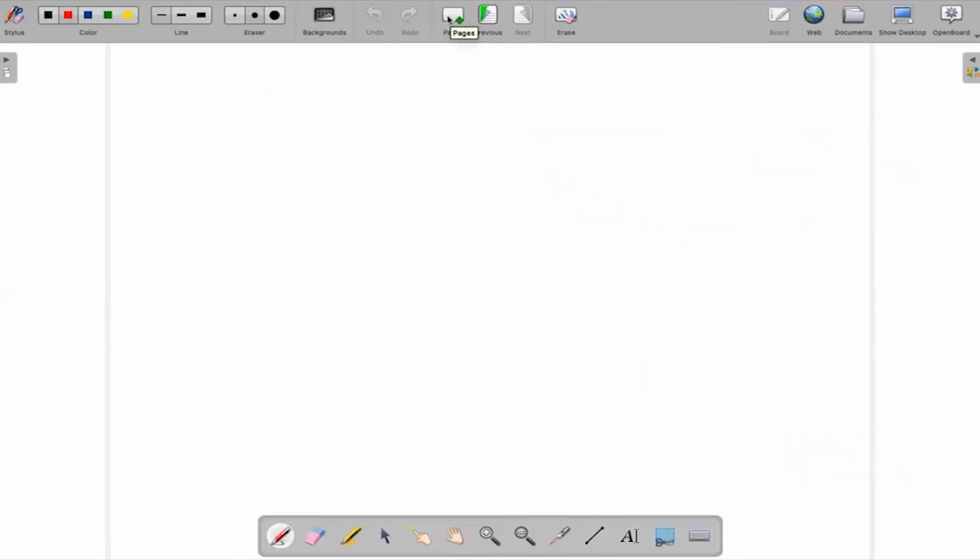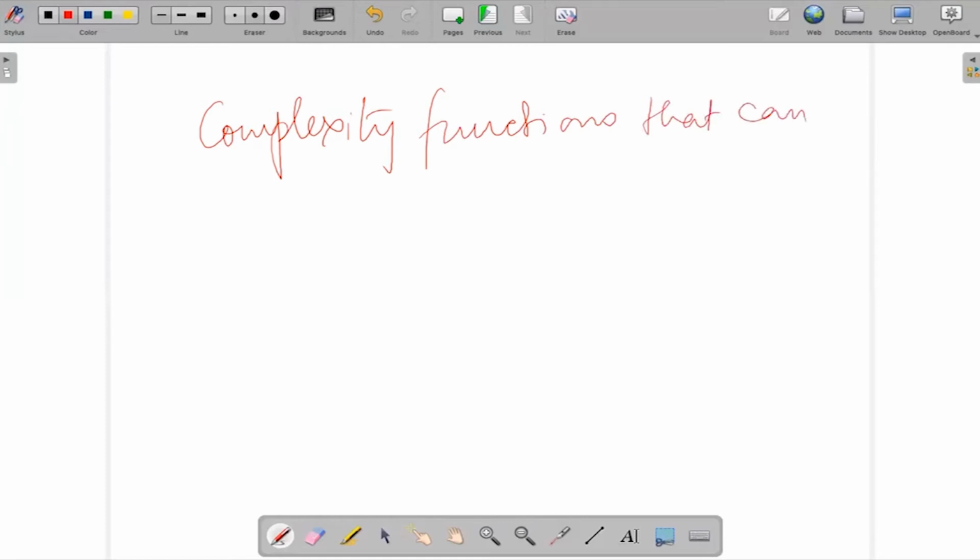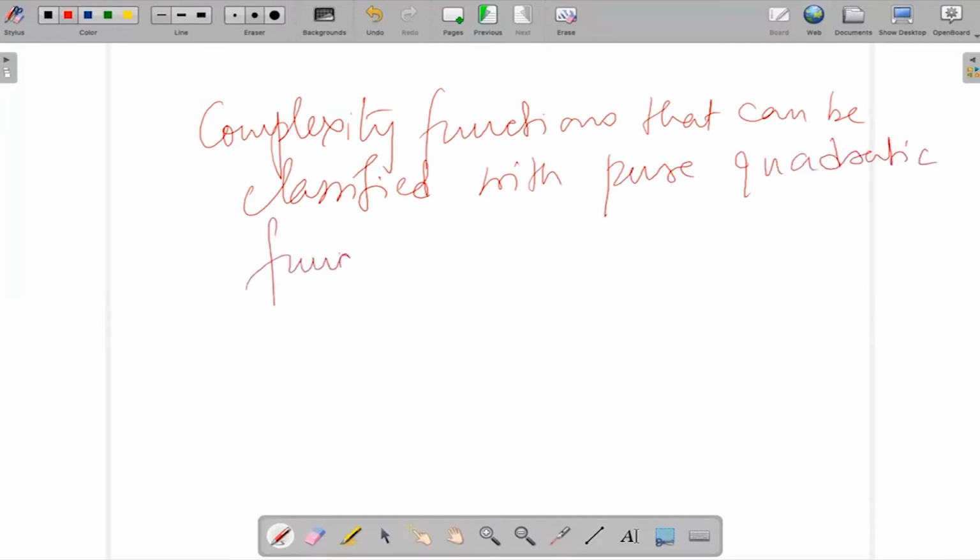This brings us to a very important notion in complexity analysis. So complexity functions that can be classified with pure quadratic functions are called theta n square.